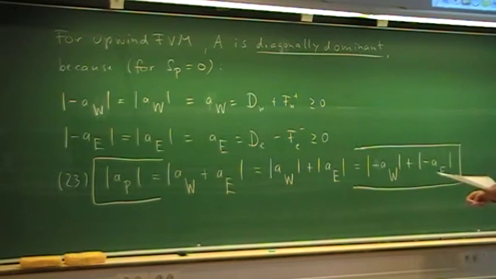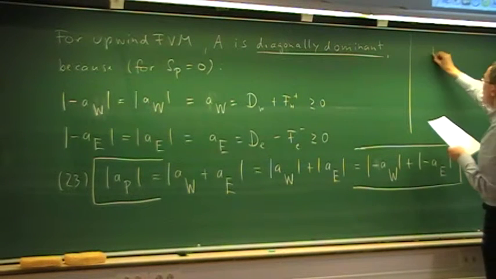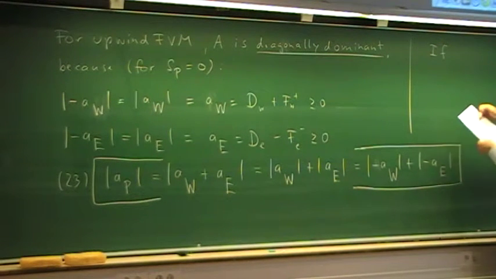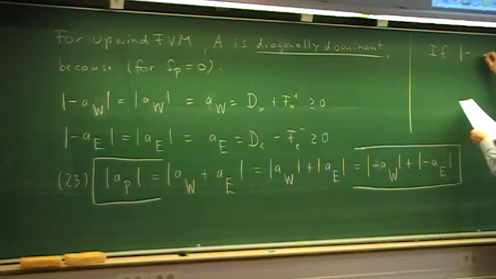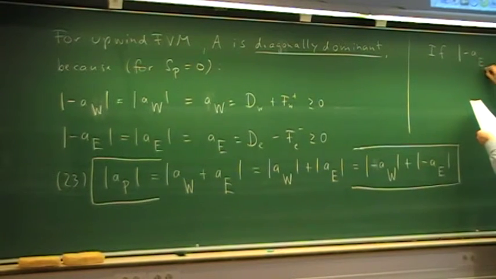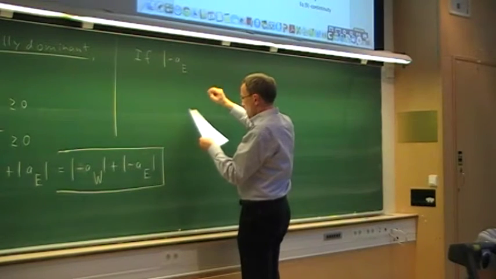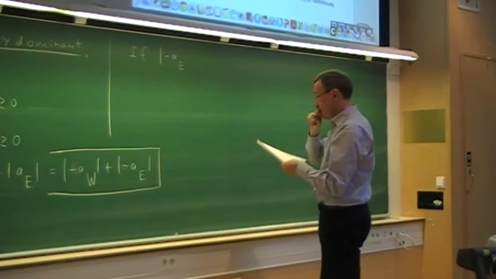But then we need that the center coefficient has to be larger than the sum of the neighbor coefficients for at least one node P, or one cell P. And if we have a situation that the neighbor coefficient, the AE, if that is, let's see, how can we write it?